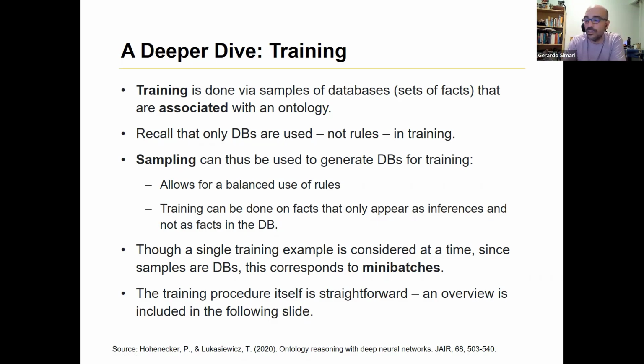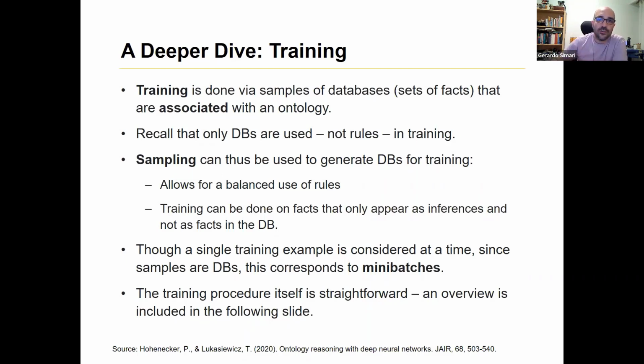And the authors go into a pretty long discussion saying why this is a great idea, because it allows for a balanced use of all the rules that might not happen in a real database. And training can also be done on facts that only appear as inferences and not as facts in the database. That can happen perfectly. So, for instance, with our very simple ontology, you could have all of your artists encoded with their specific trades, right?